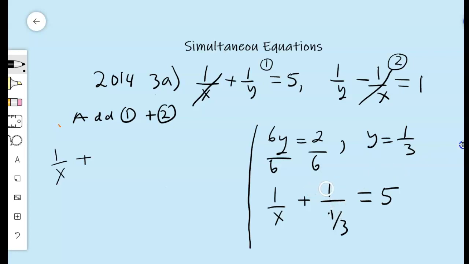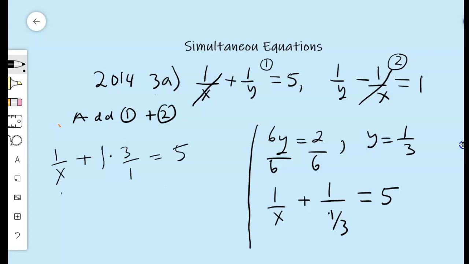What is going to happen is that we keep, and then this division becomes multiplication. We flip this, so we get 1 times 3 over 1, and then we have 5 here.